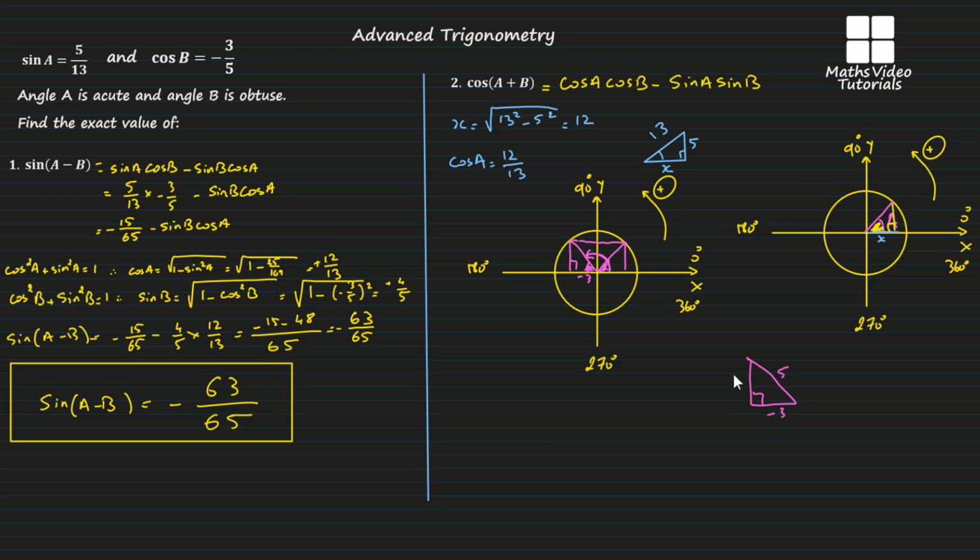So let's work out the y coordinate, or the opposite to the angle B, which is this one here. Again, to work that out, we use Pythagoras. So we say y is equal to the square root of 5 squared minus (−3) squared.